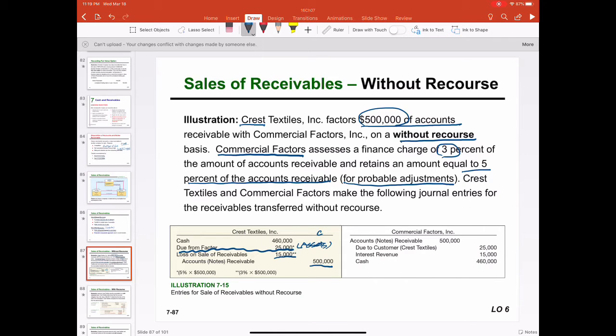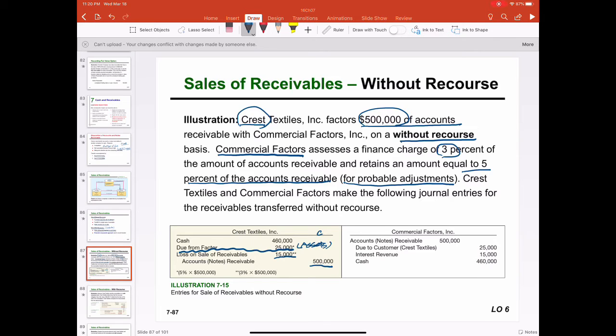After this sale, for example, maybe the customer of Chris returns some goods, right? That will decrease the balance of accounts receivable, which will affect the interest of the factor. This is just an extra protection to the factor. So that's a probable adjustment.